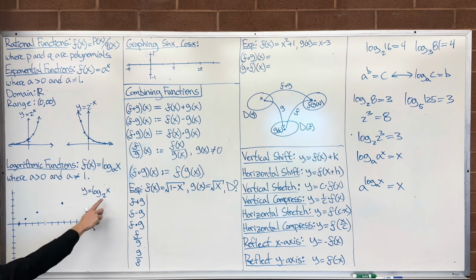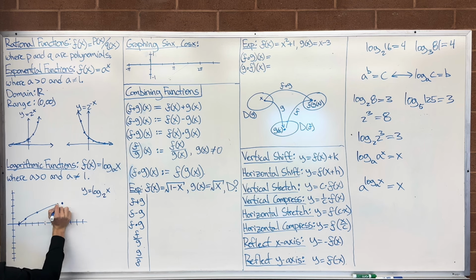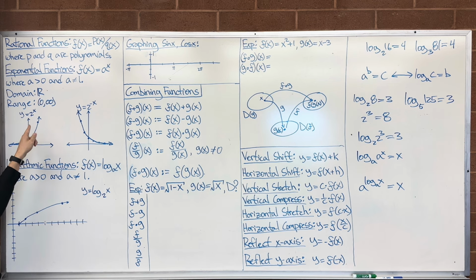And what do I get when I plug 16 in there? 4. So I have to go clear out to 16 to get to 4. In other words, this function is growing stupid slow. This one had 8, 3 because this one had 3, 8. It's going to be the inverse of this thing up here.